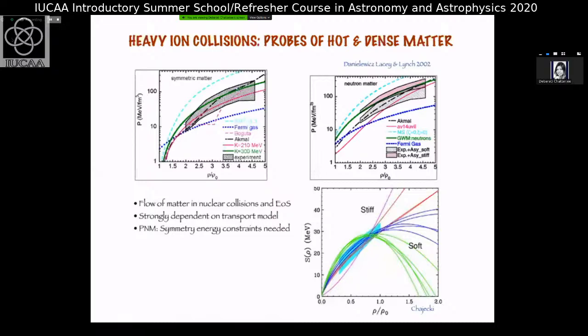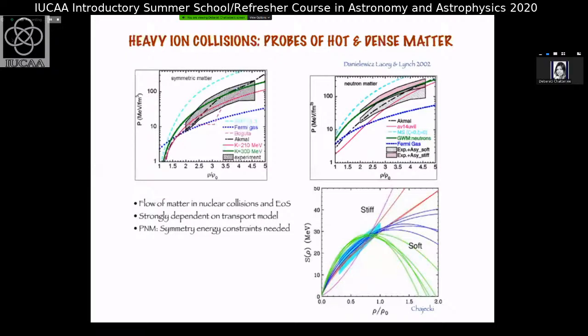So one thing that we obtain from such experiments is the flow of matter in nuclear collisions, and this flow of matter is shown to depend on the equation of state. So from this, we also get some constraint on the pressure as a function of density, and this is at intermediate densities.